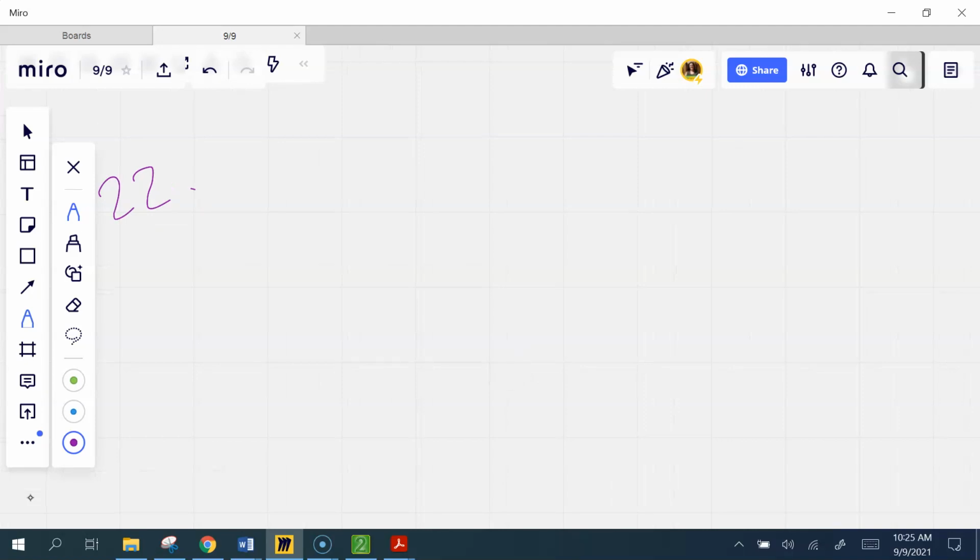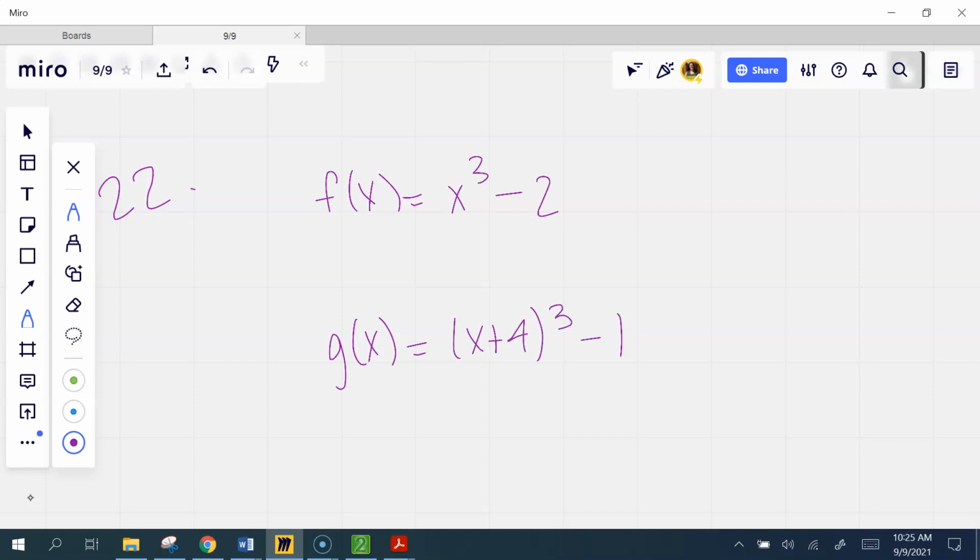All right, so 22, even though you didn't have to do this one, without actually graphing it, we'll talk about what it does. What's the parent graph here? The cubic, that's right. What's the first one do? How is it different than the parent graph?